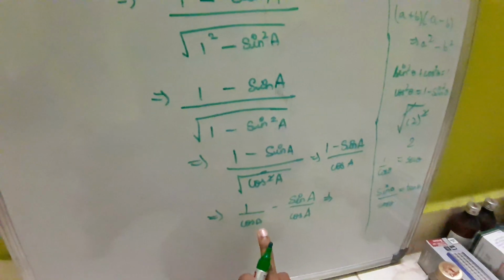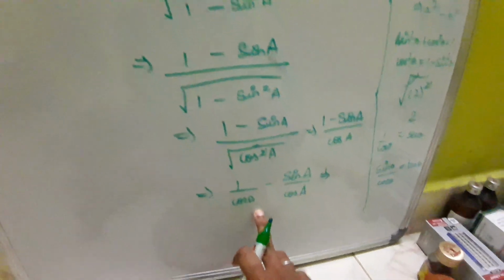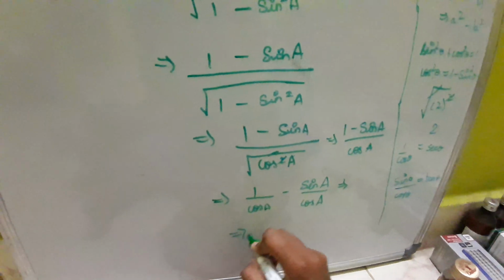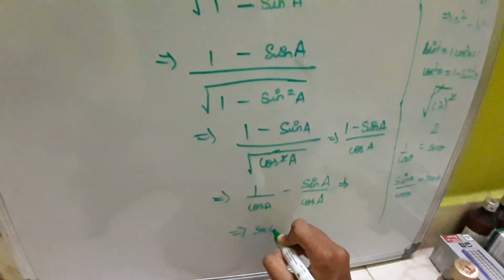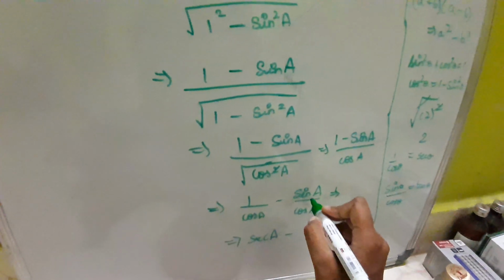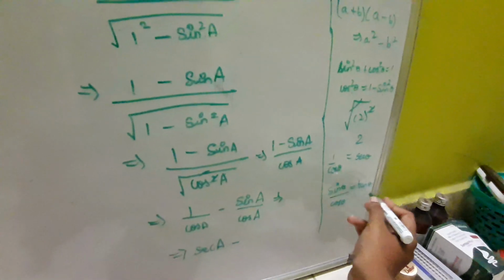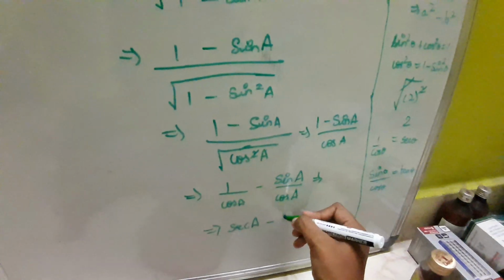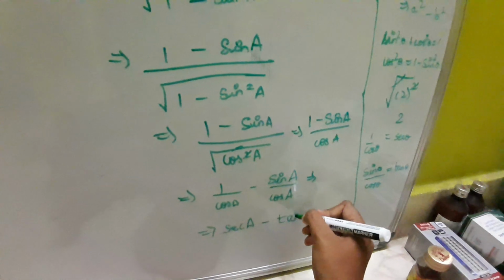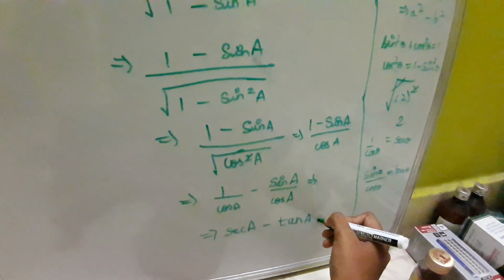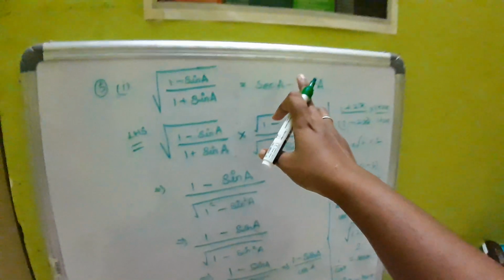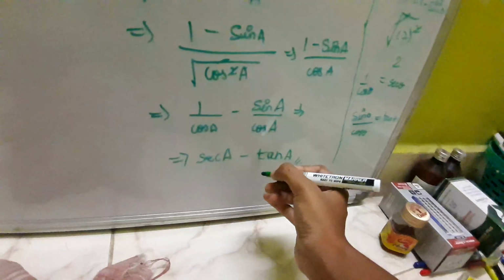So here, instead of theta, 1 by cos A means secant A, minus sin A by cos A, and sin theta divided by cos theta is tan theta, so tan A. Secant A minus tan A. So RHS is proved.